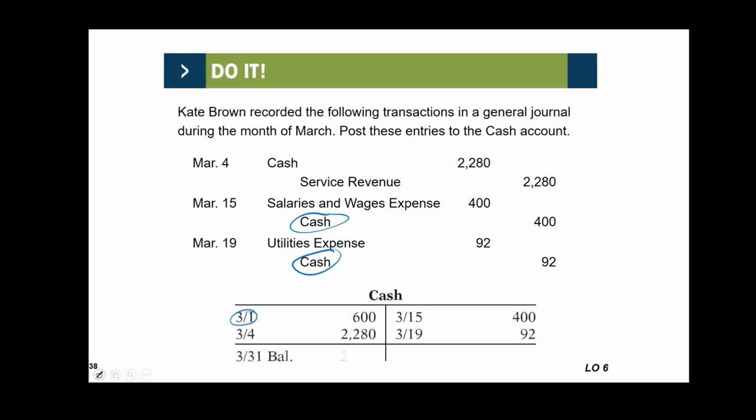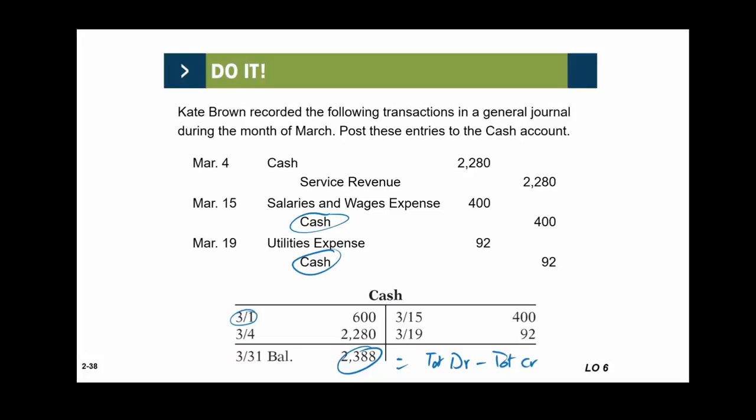Once this is done, we calculate the balance. Again, this balance is equal to total debits minus total credits. Now this balance here, this 2,388, automatically becomes the new balance when you start the new month.